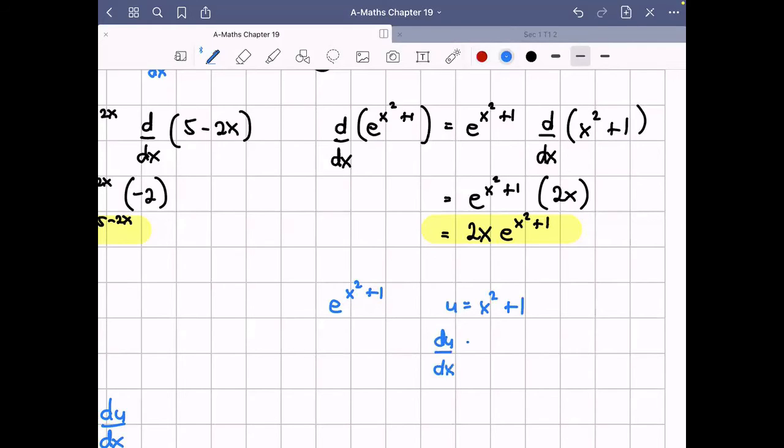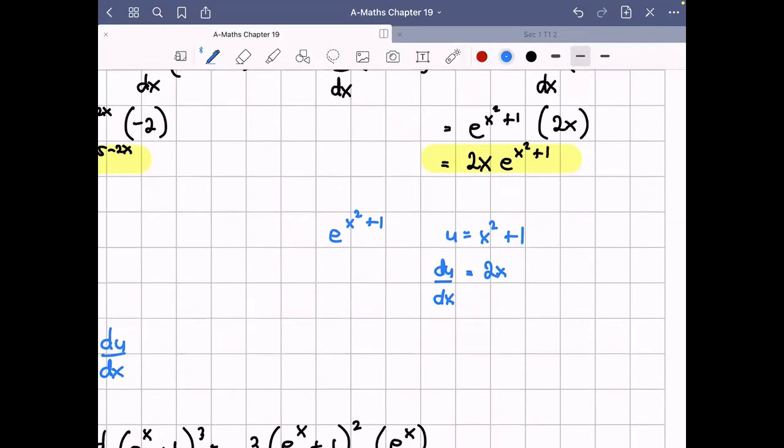What is the derivative of u? That is 2x, right? So applying that, the derivative of e raised to x squared plus 1 gives you, again, write the whole thing, write the question again, and then the derivative of u, 2x, just that, and that's it. So it becomes 2x e raised to x squared plus 1.